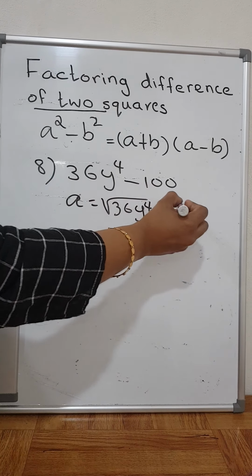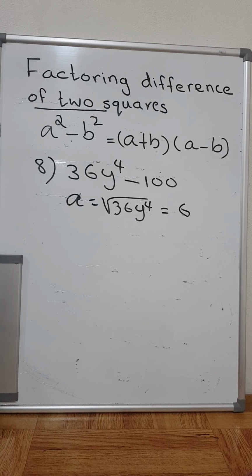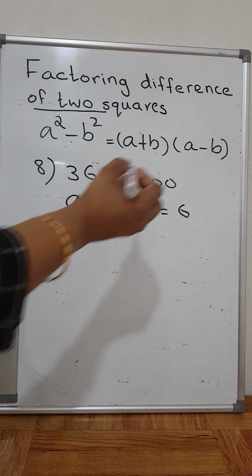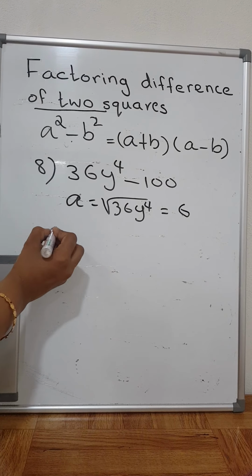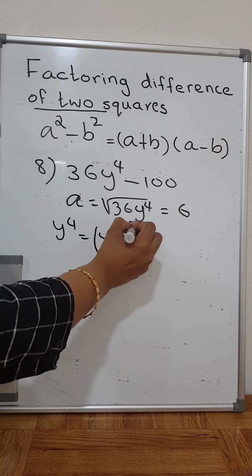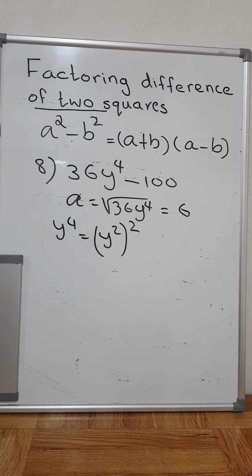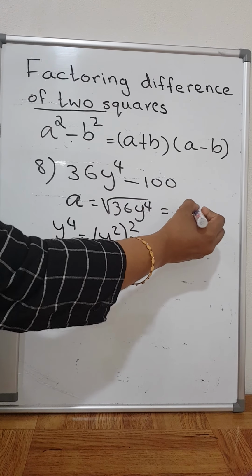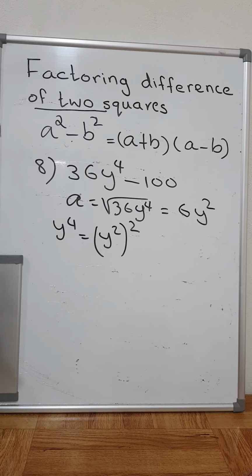That we know, 6. The square root of y to the power 4 is y square, right? y to the power 4 is y square the whole squared, according to the power law in indices. So a will be 6y square.